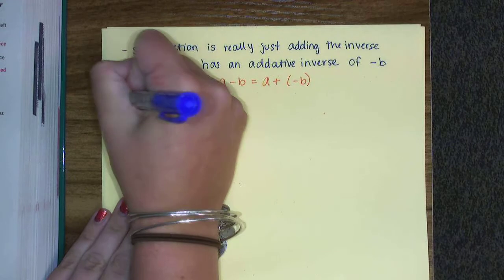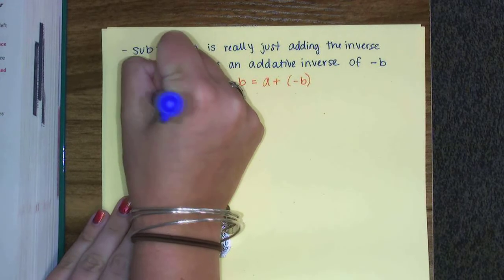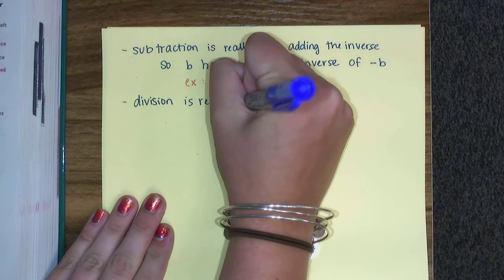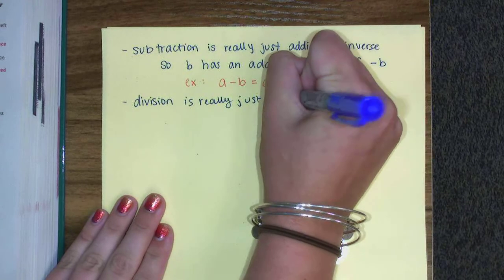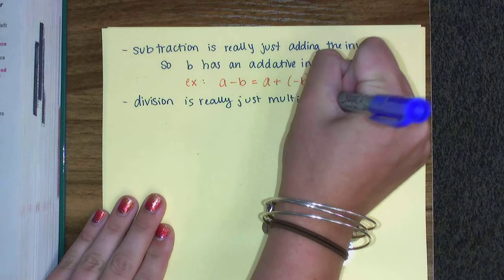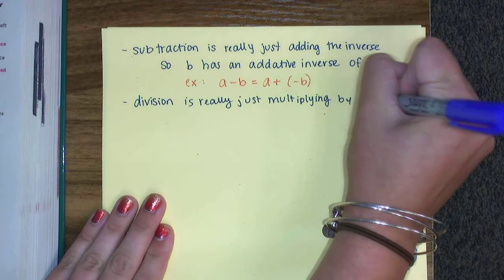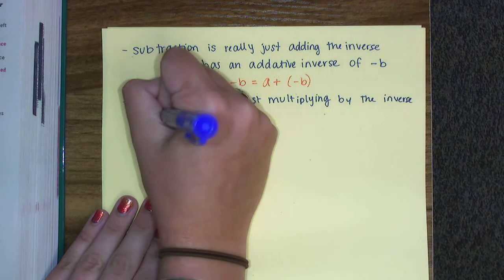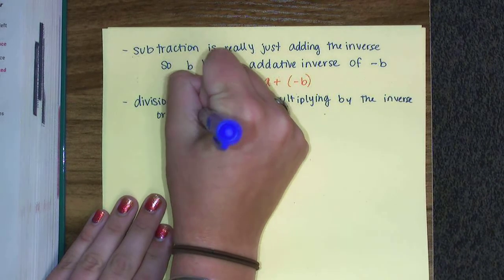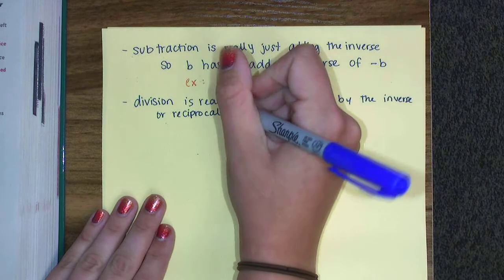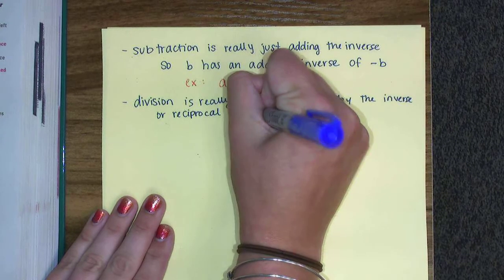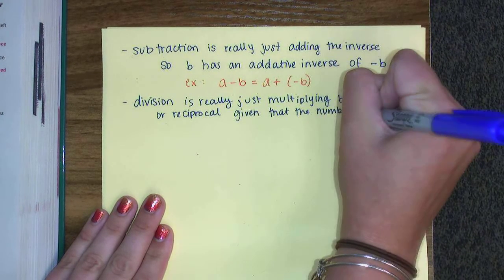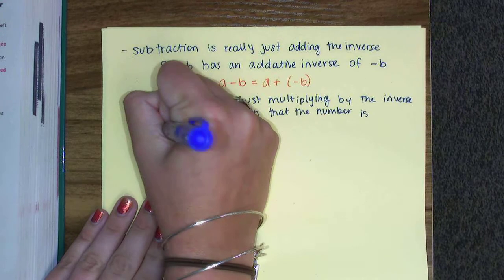And then division is really just multiplying by the inverse, or reciprocal, as some people like to call it, given that the number is non-zero.